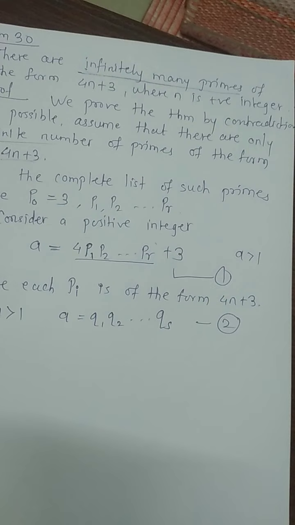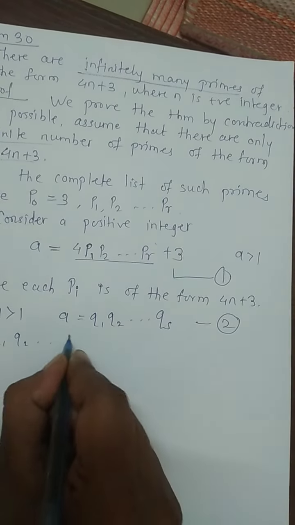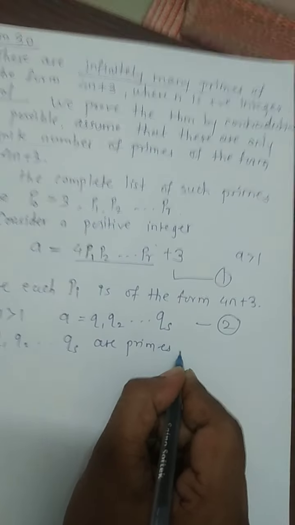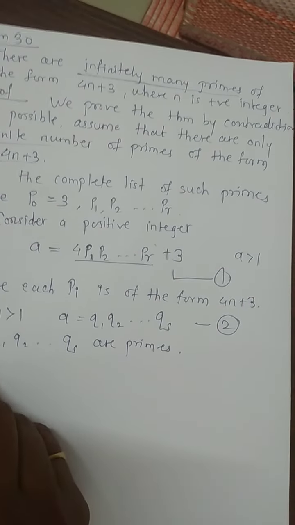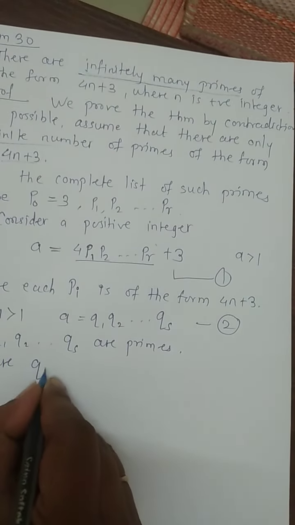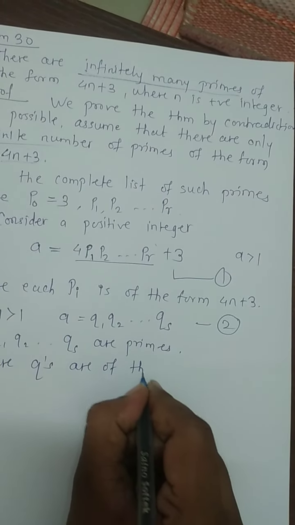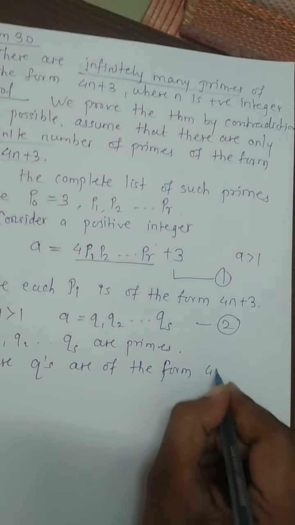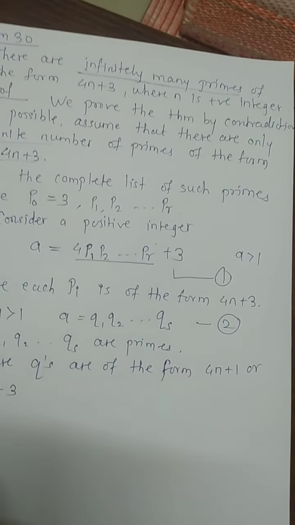Where all q1, q2, up to qs are primes, and we can write the qs are of the form 4n plus 1 or 4n plus 3.